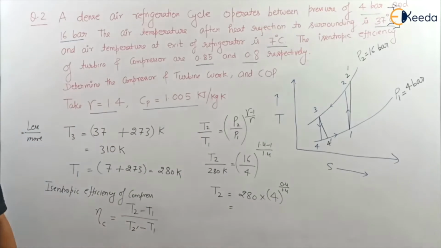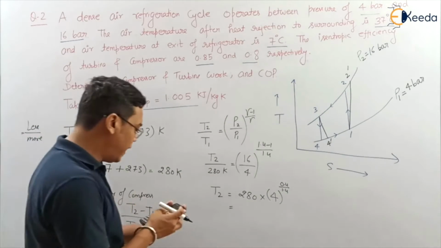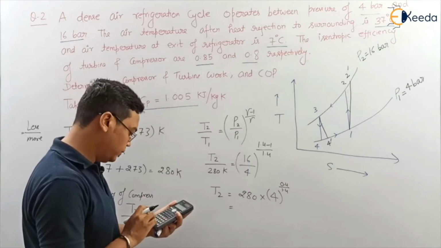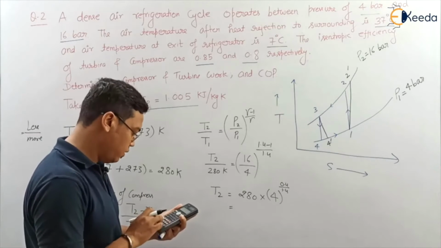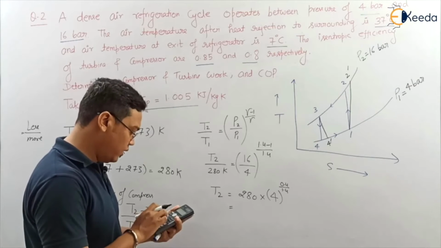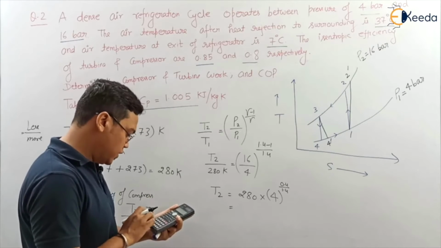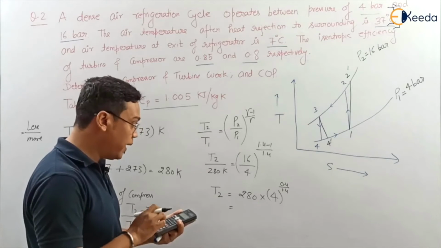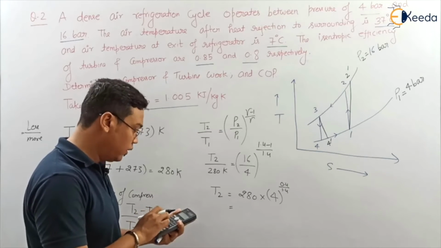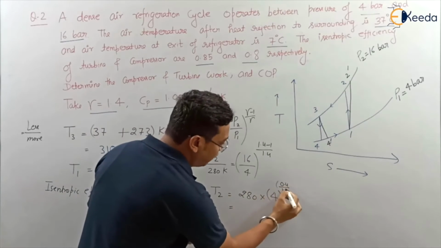You can calculate through the calculator. Calculate 4 to the power 0.4 divided by 1.4, keeping this value in brackets during the calculation.